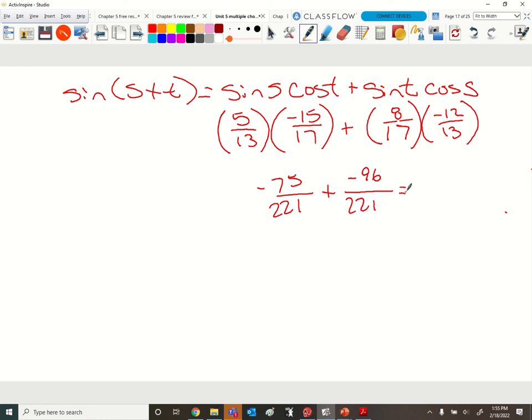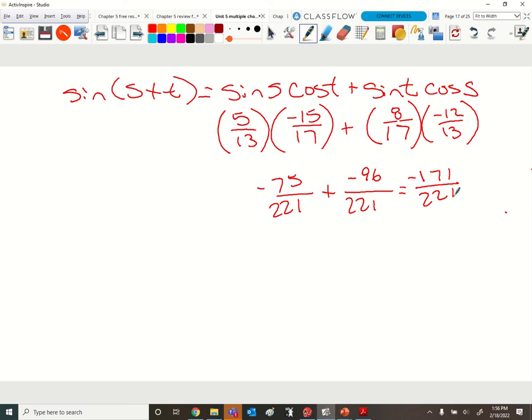And since they're both negative, it's going to give me a bigger negative, which is going to be negative 171 over 221. Also, with the calculator, we don't have to do that extra step. If you just plugged in the calculator, that's all you got. So that's your final answer. I still did it by hand though.